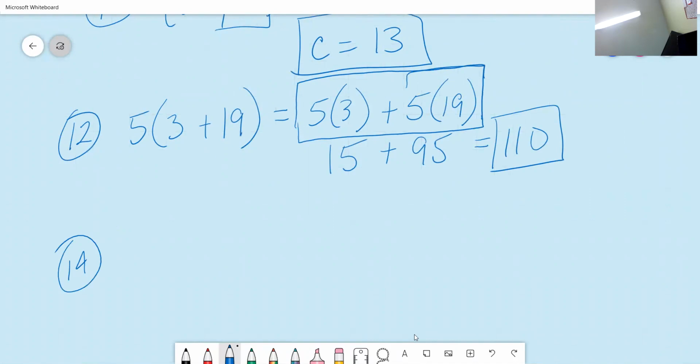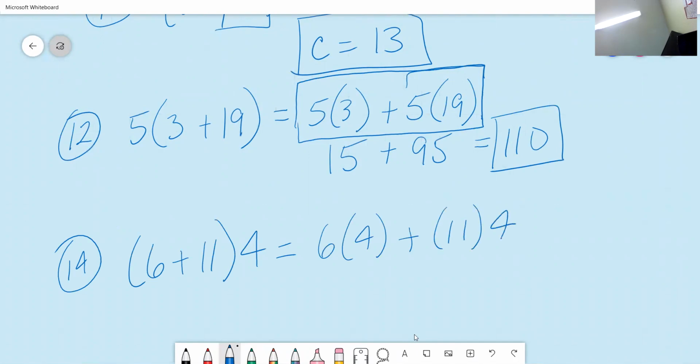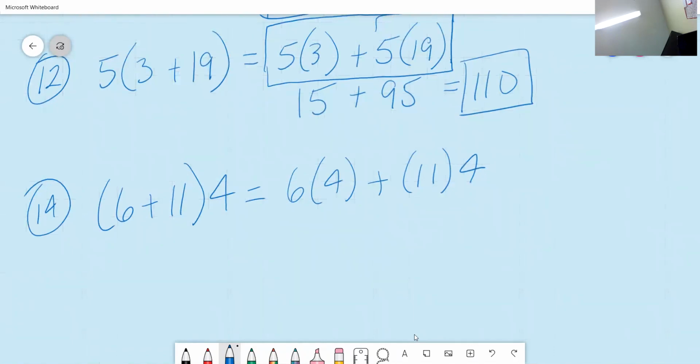Okay, number 14, we have 6 plus 11 times 4. So again, use our distributive property. We have 6 times 4 plus 11 times 4. If you've memorized your multiplication tables, then you've got this. You've got 24 plus 44 equals 68.